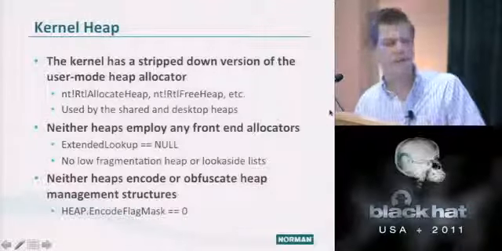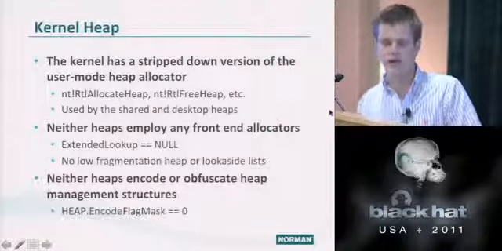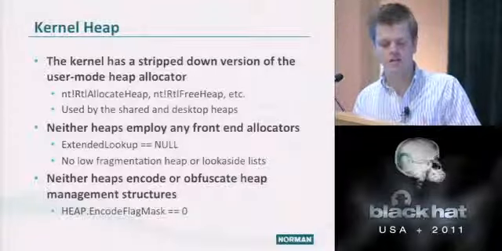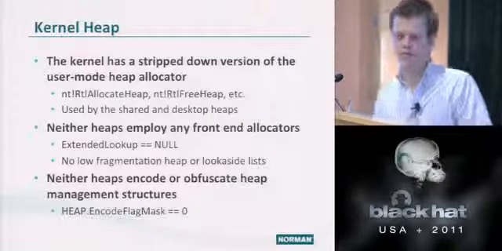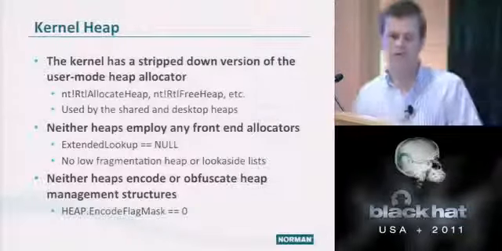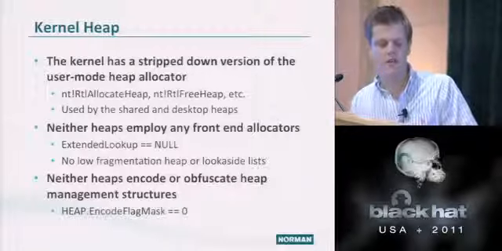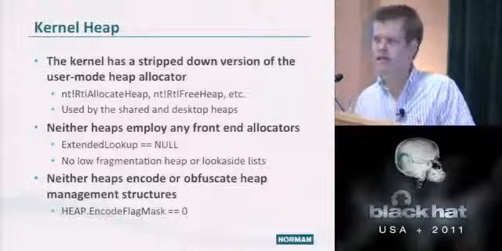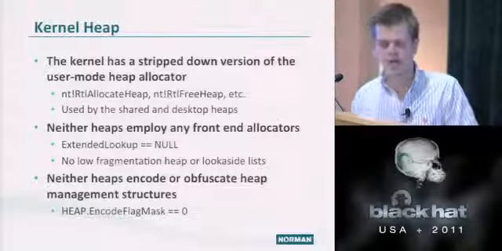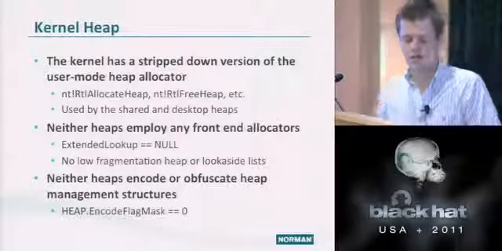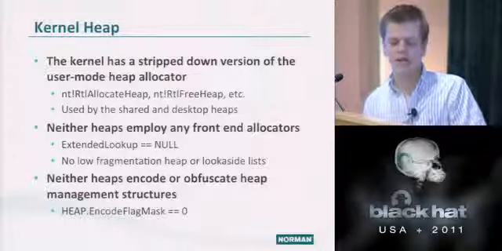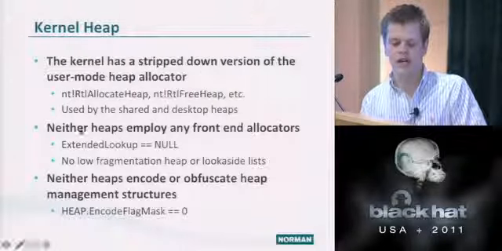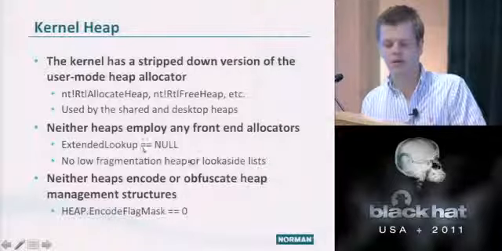So the kernel has a stripped-down version of the user mode heap allocator. It has RtlAllocateHeap and RtlFreeHeap. These are both used by the shared and the desktop heaps. Notably, neither heap employs any front-end allocators. You can see this from looking at the heap base and noticing that the extended lookup is null.